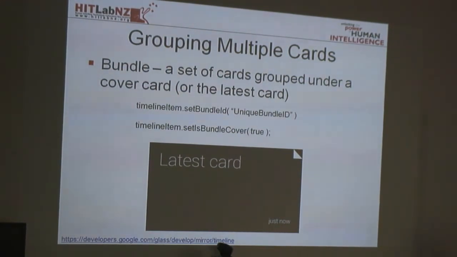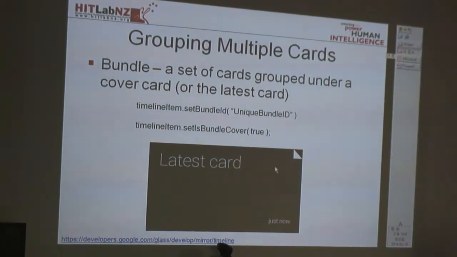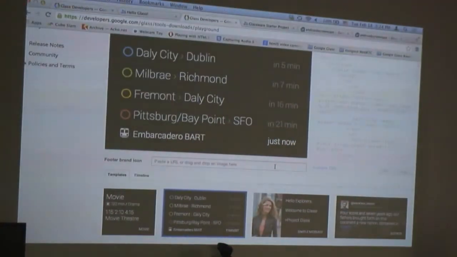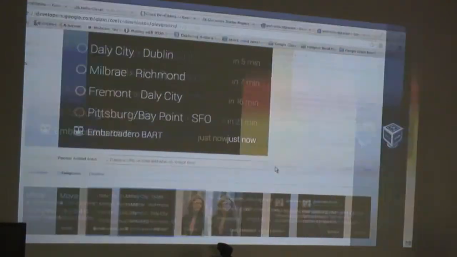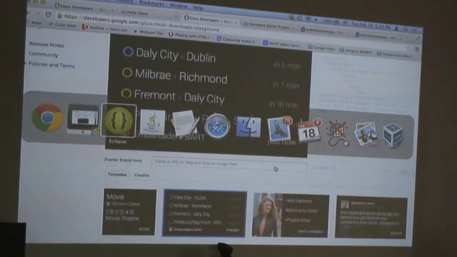Let me show you one of those examples here. Looking for location update, there we go. This is actually the code I'll be showing later on, but just to show you how bundle works.